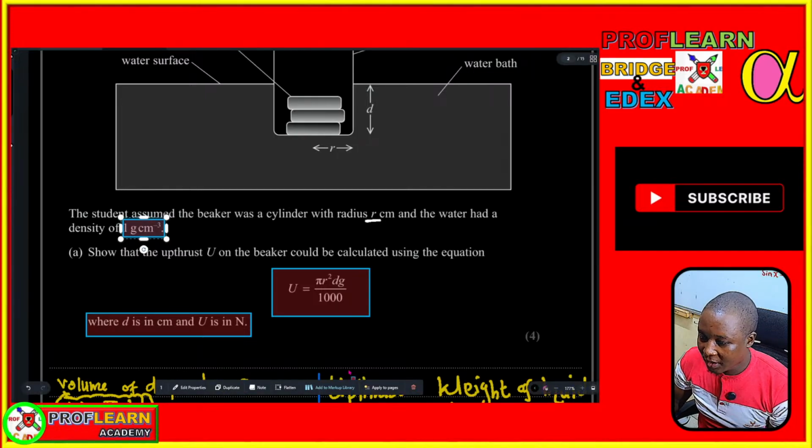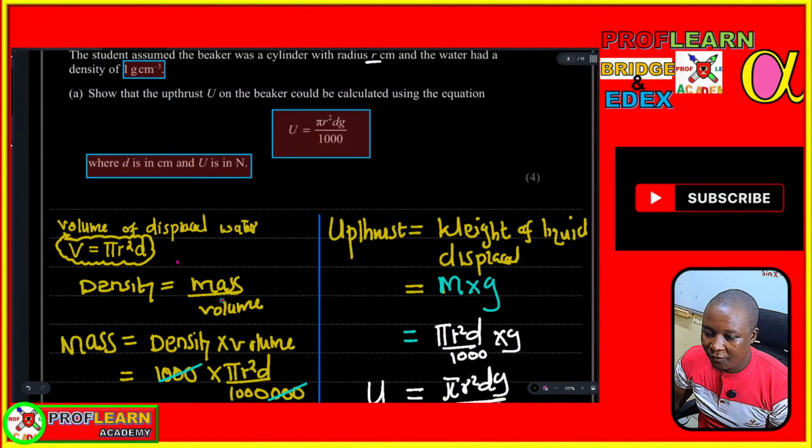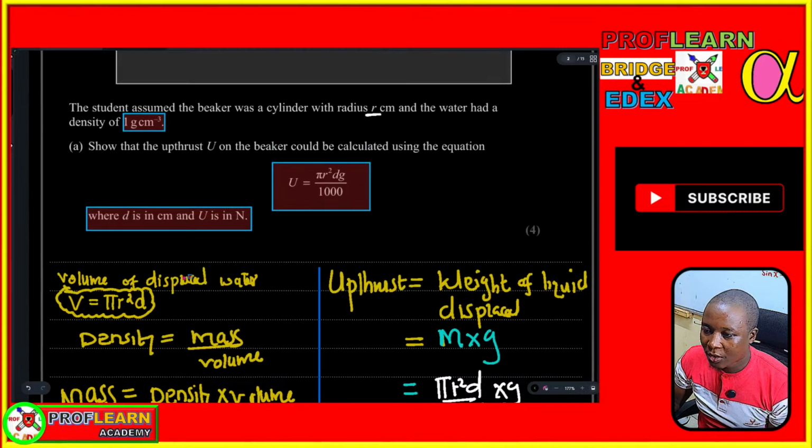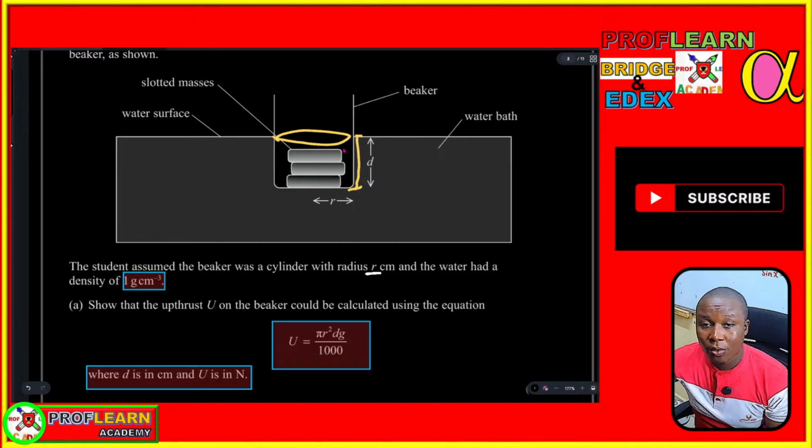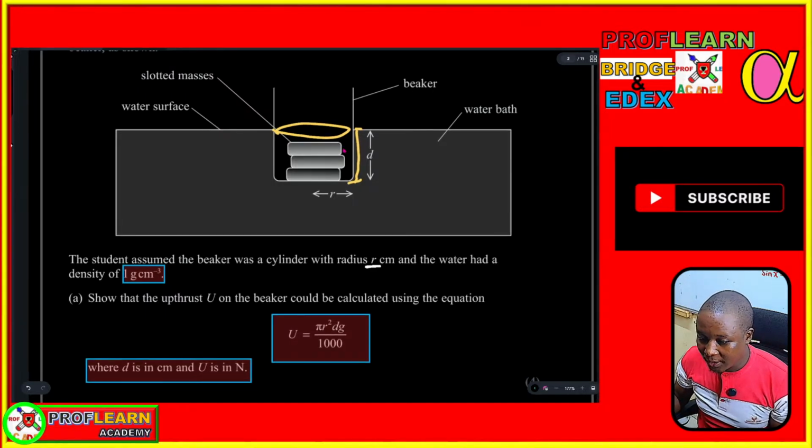So the first thing that we need to remember here is that the volume of water displaced is equal to the volume of this cylinder that is inside the water. So if we know the volume of the cylinder within this region, we will know the amount of water displaced.